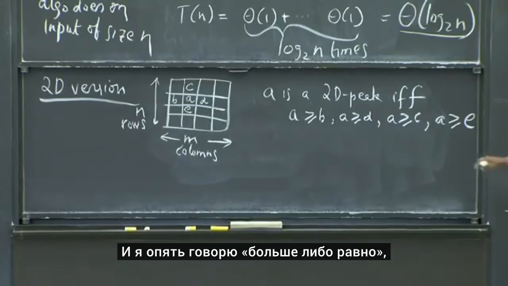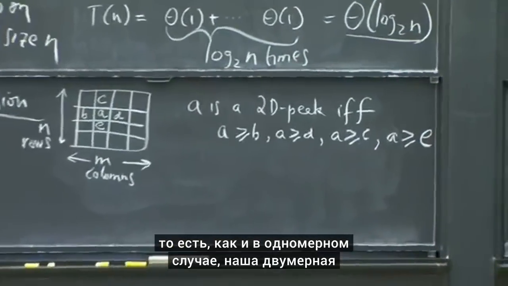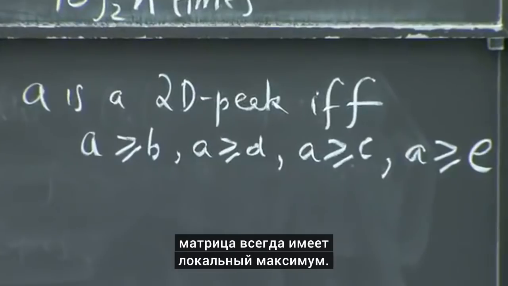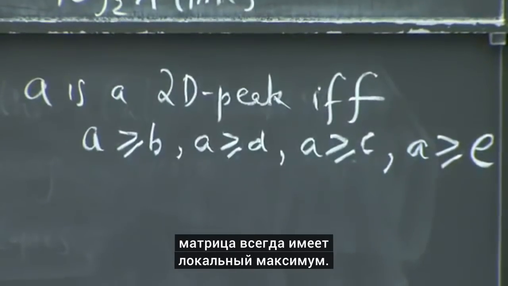And again, I've used the greater than or equal to here, so that's similar to the 1D in the case that you'll always find a peak in any 2D matrix.